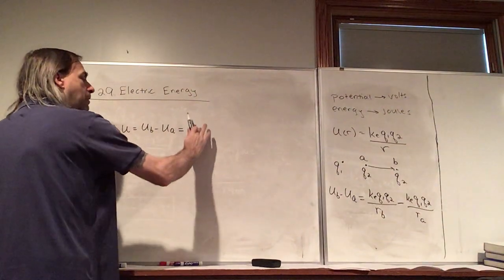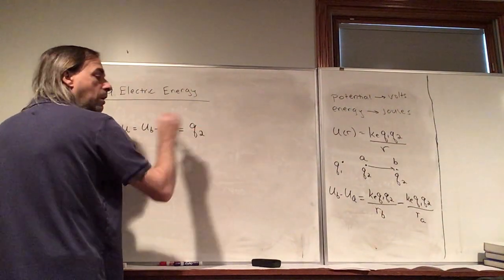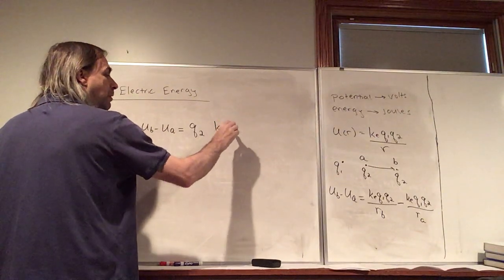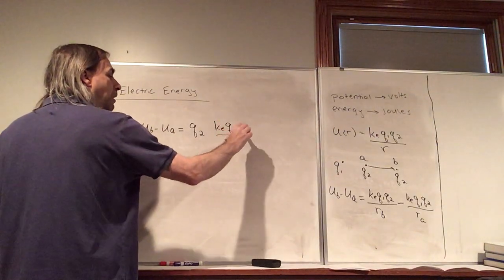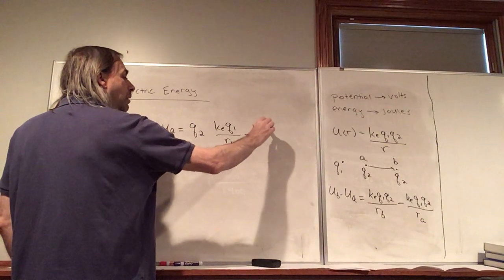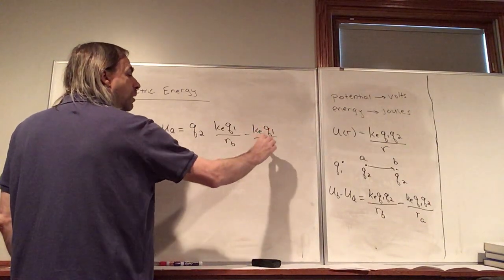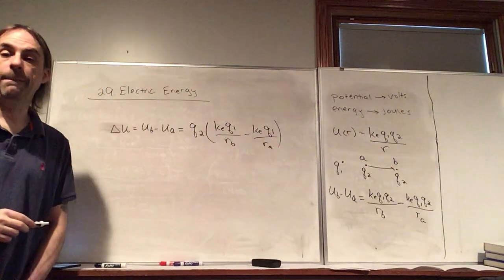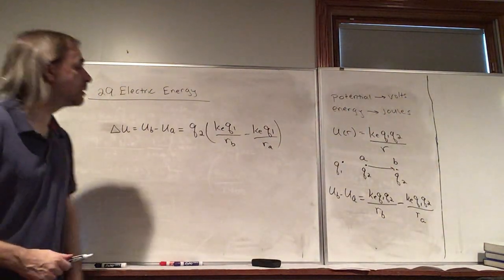No, sorry, I'm going to factor out Q2. And then we have KE Q1 over RB minus KE Q1 over RA. Okay, so all I did is algebra here.